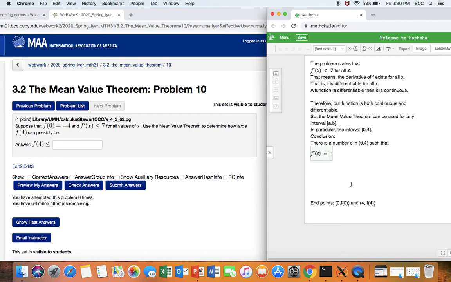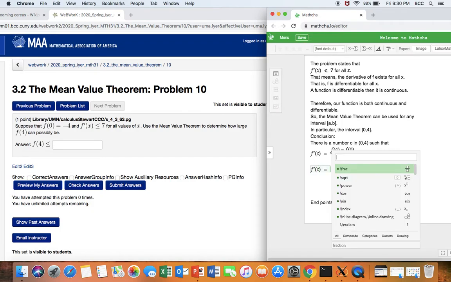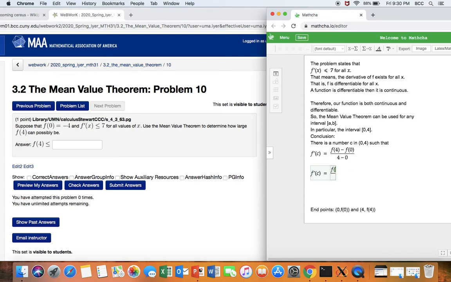The slope of the line joining these two points is the fraction y2 minus y1, f4 minus f0, over x2 minus x1, 4 minus 0. All right. So let me play with this a little bit. This tells me f prime at c is the fraction f4 minus f0, and f0 we are being told is -4, over 4 minus 0, which is simply 4. Let me continue.